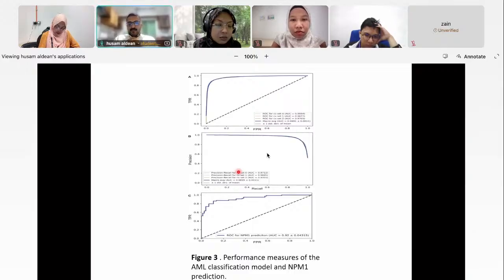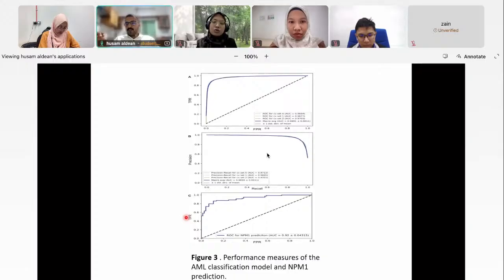So figure C is about the NPM1 prediction. Also, the ROC curve for the true positive rate and false positive rate. I forgot to explain what the TPR is here and what the FPR is here. TPR is the true positive rate.